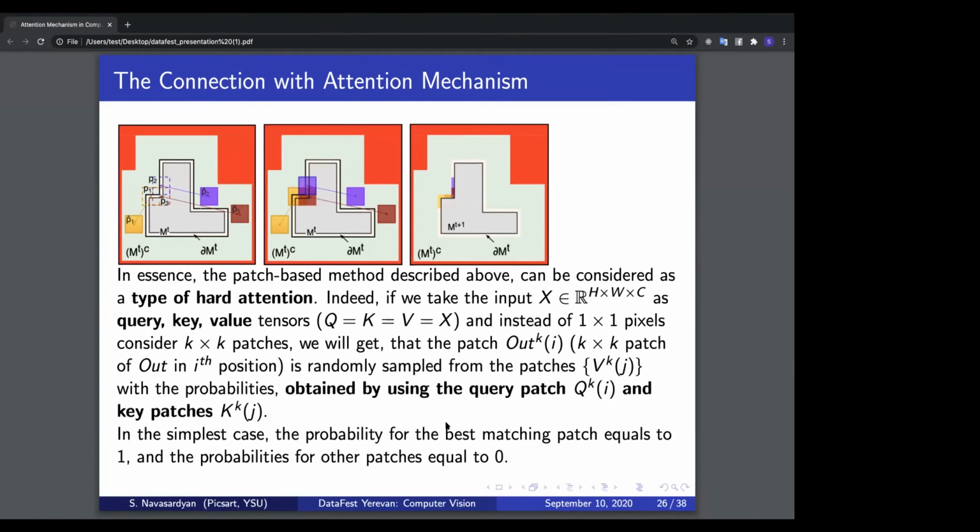In the simplest case, when we use just the best matching patch, the probability of the best matching patch will be equal to 1, and the probability of other patches will equal to 0.